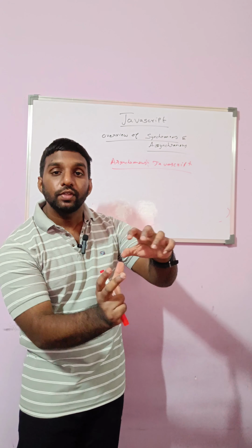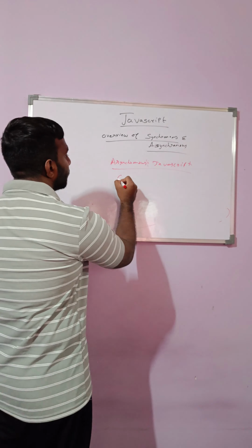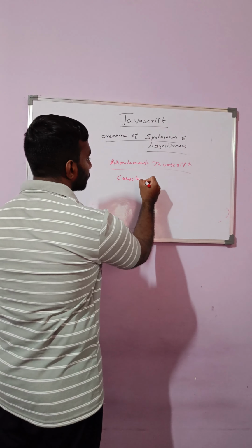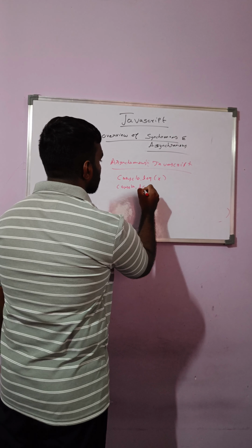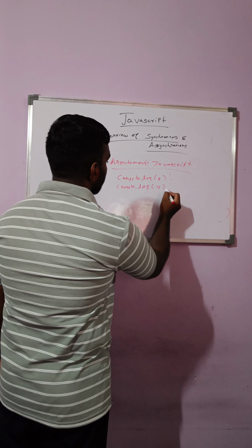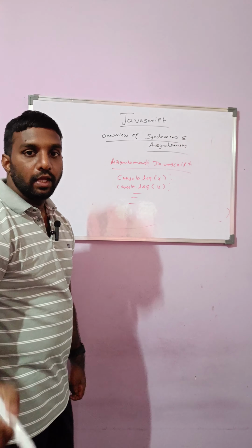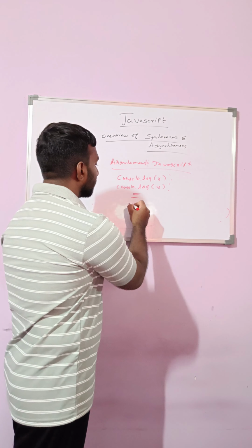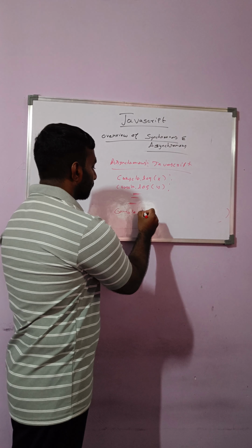So that is the beauty of asynchronous JavaScript. Suppose you have the same example: console log x, console log y. Okay, this is JavaScript code. On the third line, you have some asynchronous code, right? And then you have console log z.